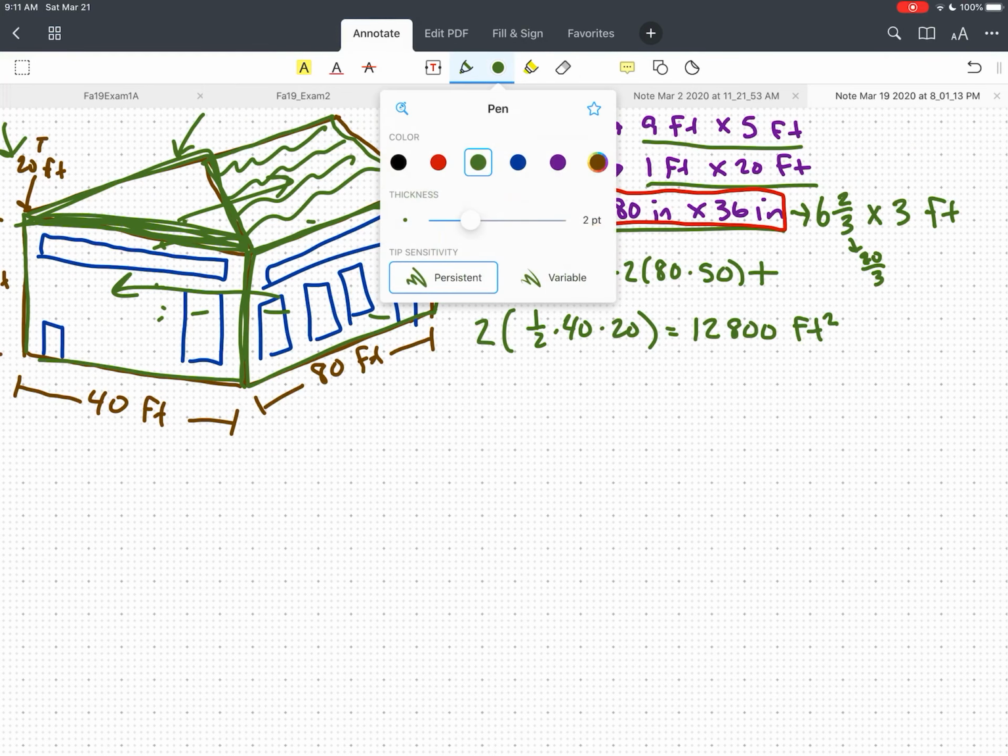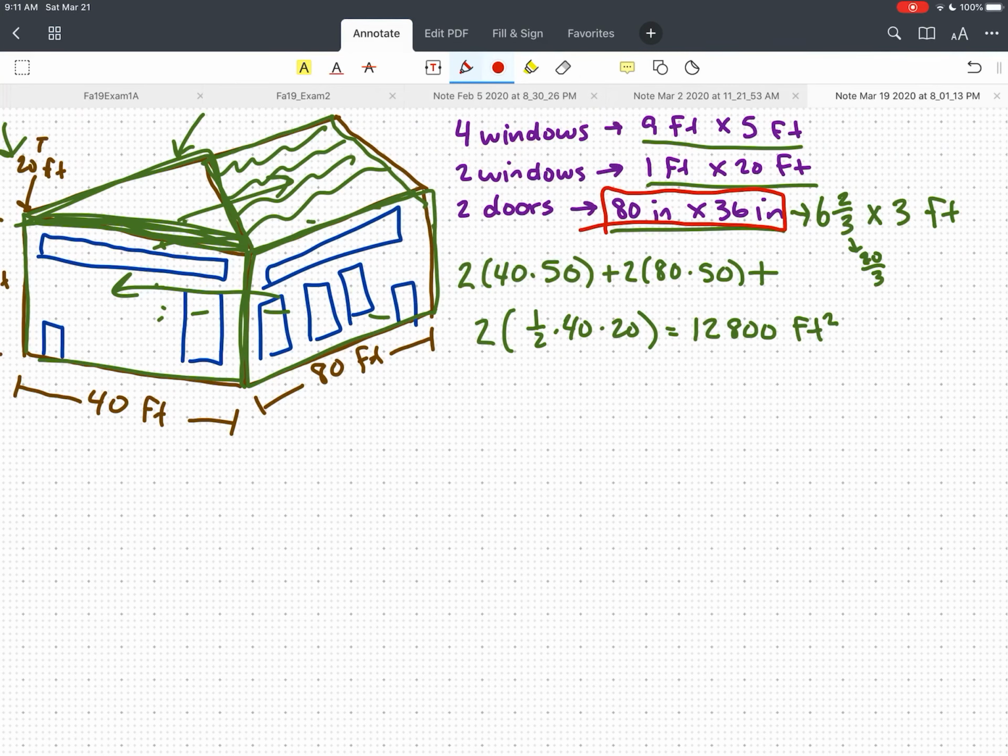Okay, so now let's go ahead and do our subtraction part. So I have my 12,800 minus, now I have 4 windows that are 9 by 5 feet, minus 2 windows that are 1 by 20 feet, minus 2 doors that are 20/3 feet by 3 feet. So let's put that in the calculator as well.